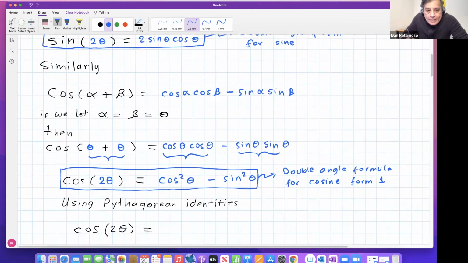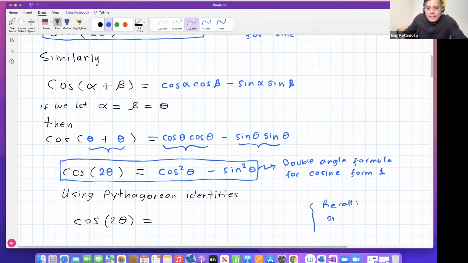Now, if you have this formula and you use the Pythagorean identities, you can derive 2 more versions, 2 more forms for this formula. How? Recall that from the Pythagorean identities, we showed that sine square plus cosine square of any angle is equal to 1, right?